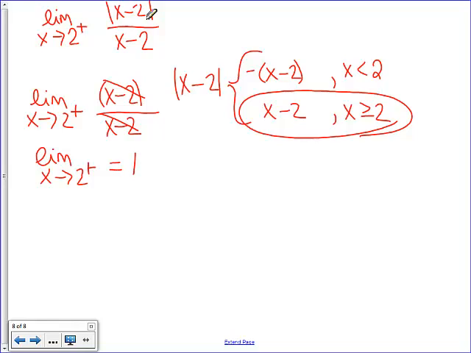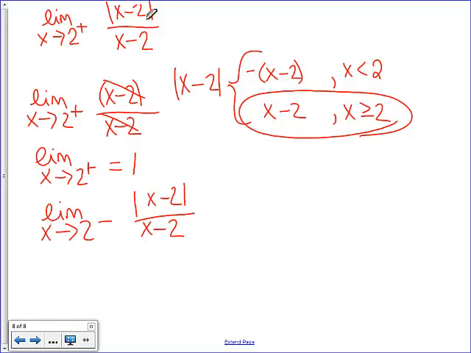Okay? Well, what if I asked you for the limit as x approaches 2 from the negative side? Well, in that case, of the absolute value of x minus 2 over x minus 2, what would I plug in for my absolute value? I'll plug in the top part, because it's coming from the negative side. It's coming from when x is less than 2.